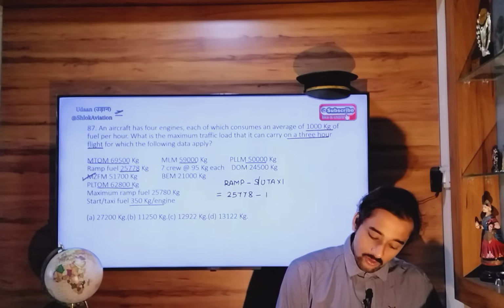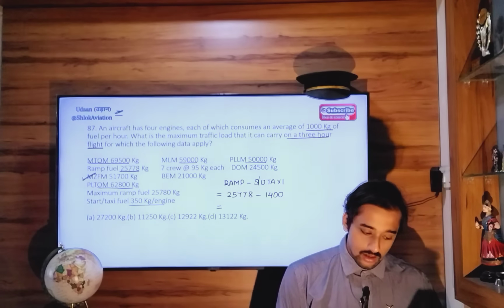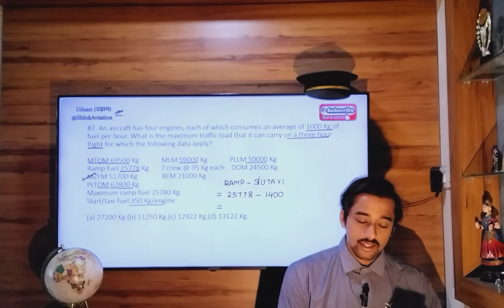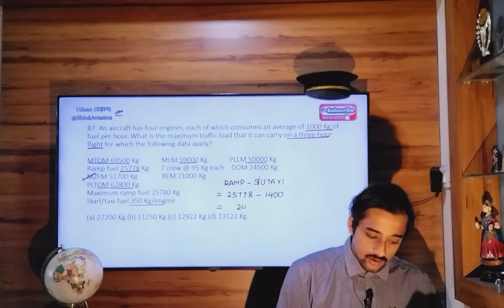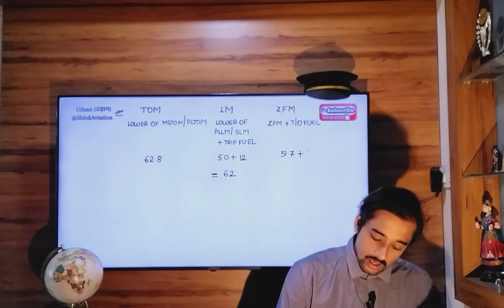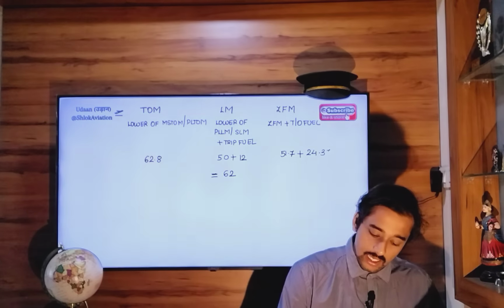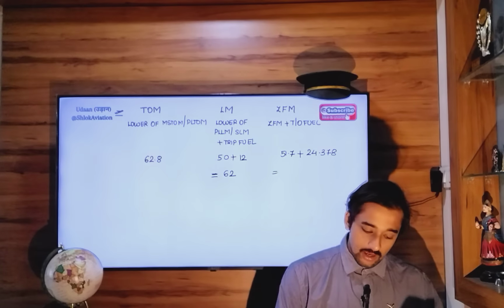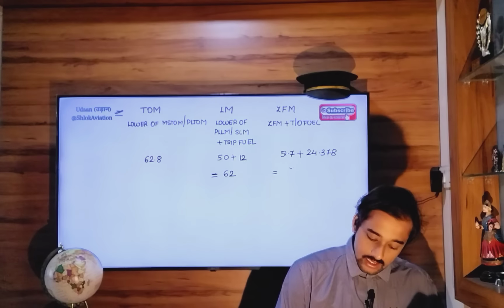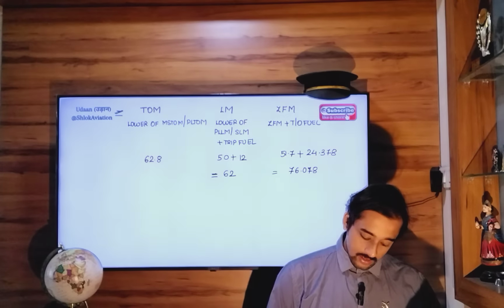So that is equal to 1,400. 25,778 minus 1,400 is 24,378. Okay, so 24.378. 51.7 plus 24.378 is 76.078.